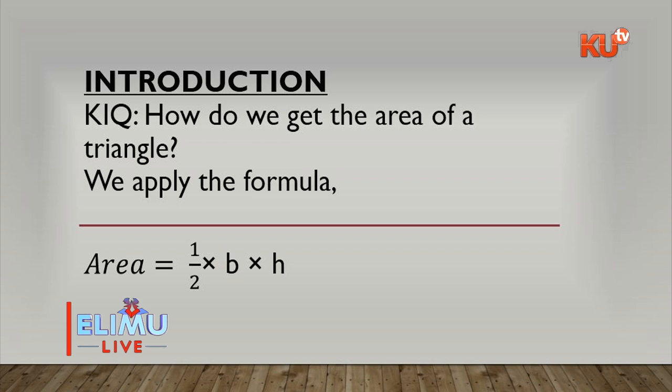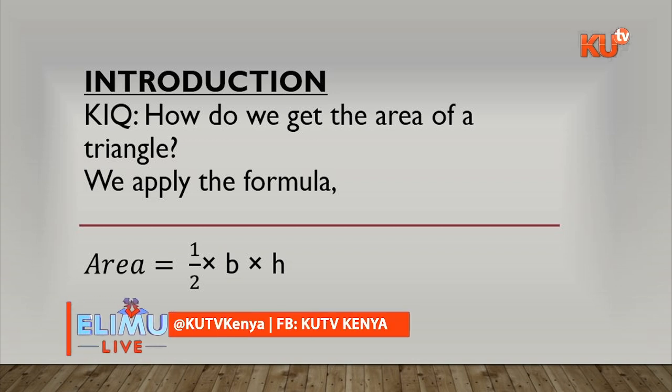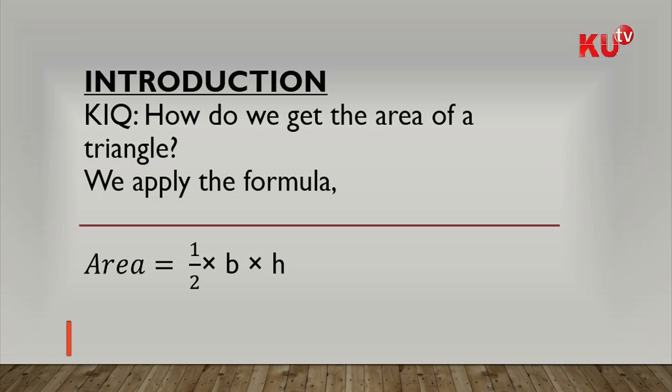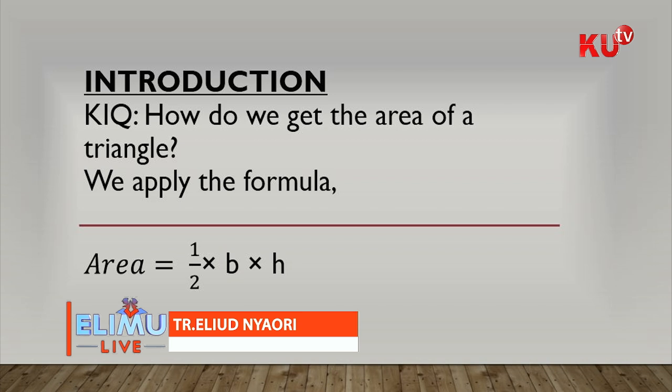Learners, anytime you're solving a question dealing with a triangle, you apply the formula, which is a half times base times height. And remember, we do not use the hypotenuse when we are finding the area of a triangle.